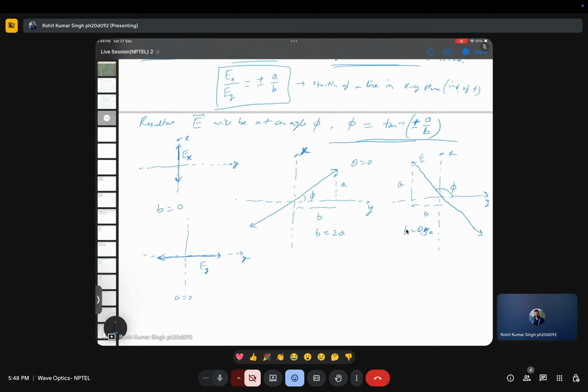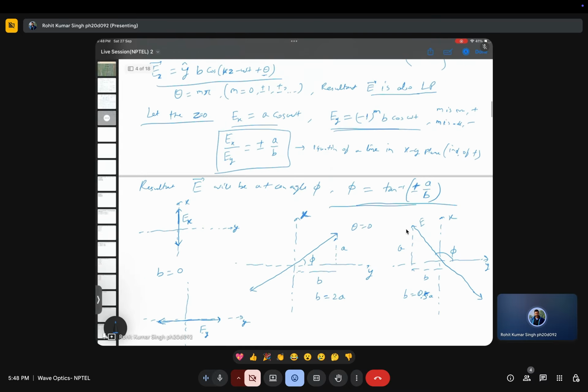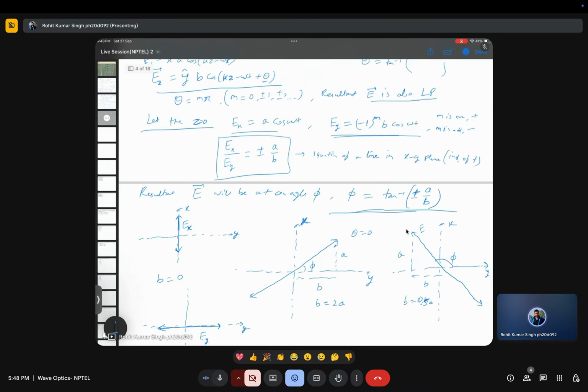Is it fine? And the theta should be an integer multiple of pi.